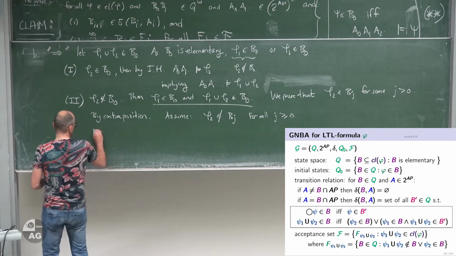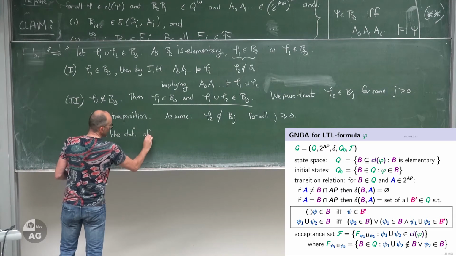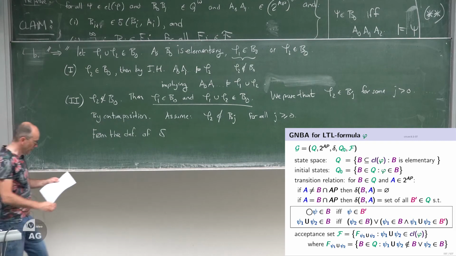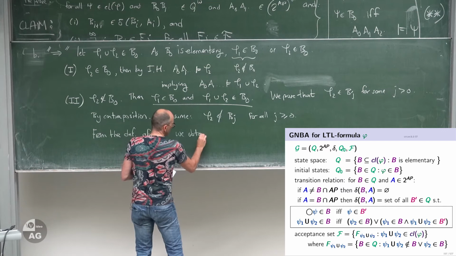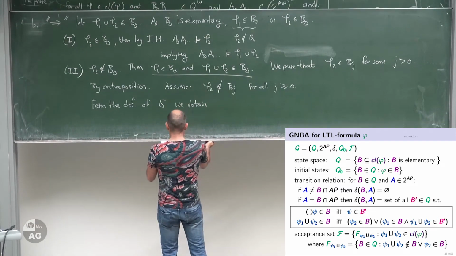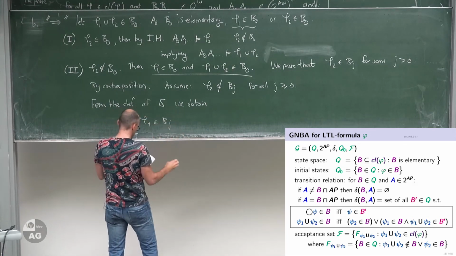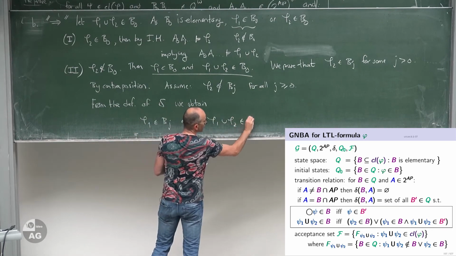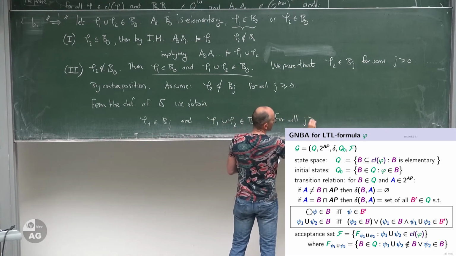From the definition of delta, I mean this delta over here, we obtain that phi 1 belongs to B_j and phi 1 until phi 2 belongs to B_j for all j at least 0.